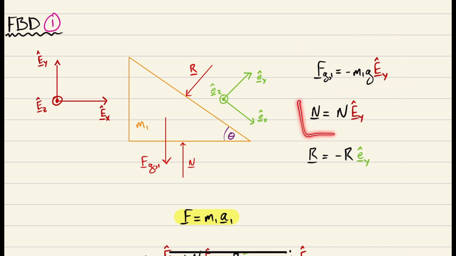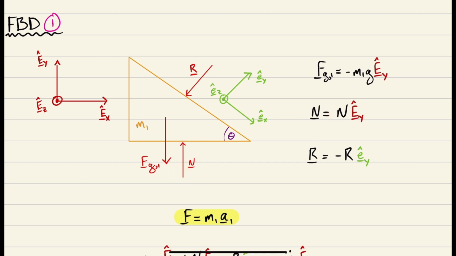The normal force of the ground acting on the wedge, well, the way I drew it, it's acting in the positive EY direction. It doesn't matter the direction you define this N, because in reality, we don't really know. It could be acting this way. Intuitively, we know it's not, but if you drew it this way, it's okay. Just make sure you would have a negative sign here.